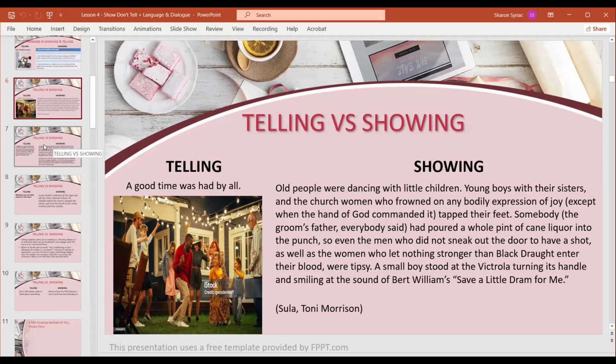Very often you have a character, your character wants something, they have desire, but your character has a misbelief. And most of the time, your character doesn't even know what their misbelief is.